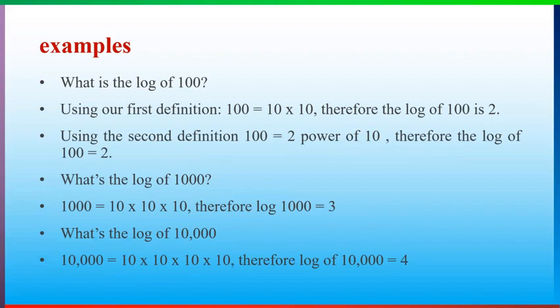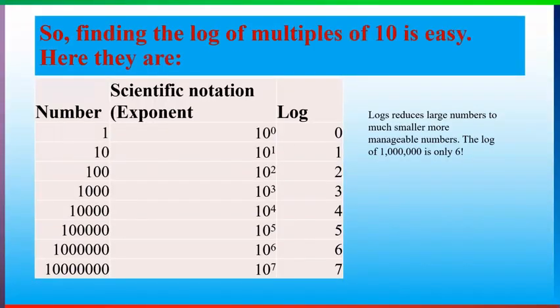So now here you can see, what's the log of 100? You can see that there are two tens in 100. That's why the log of 100 is 2. And the log of 1,000 is 3, and the log of 10,000 is 4. In this table you can see different logs of different numbers.